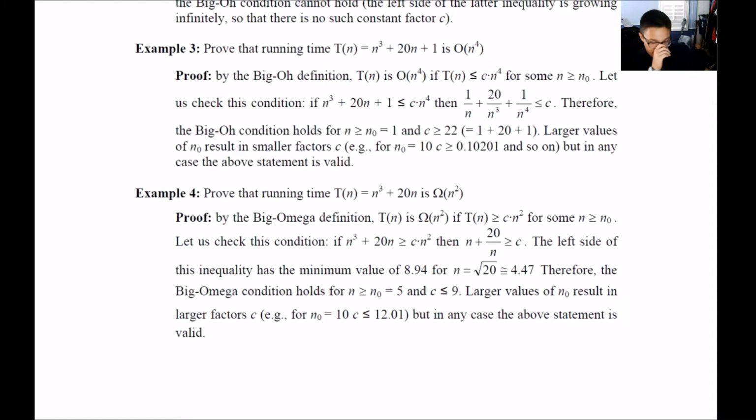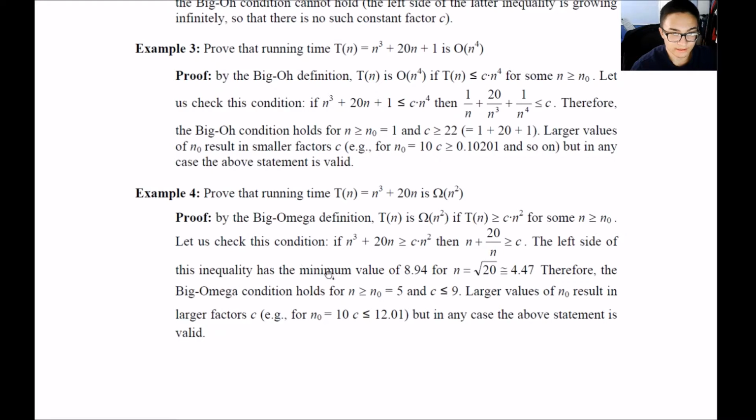So what happens when you change the inequality sign in the comparison? If n cubed plus 20n, you divide this out, and you get n plus 20 over n is greater than or equal to c.